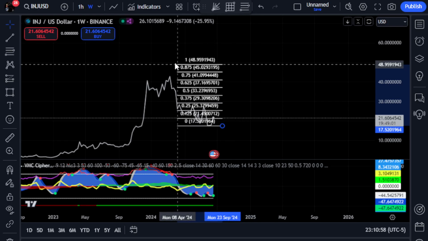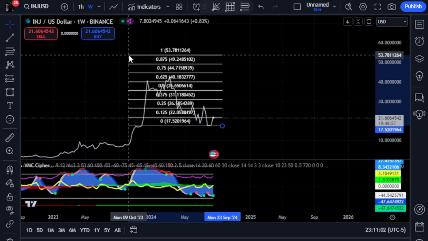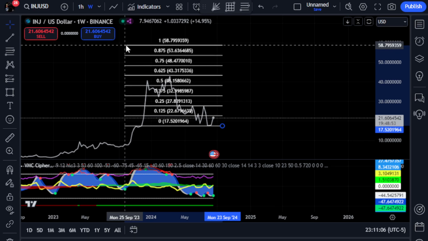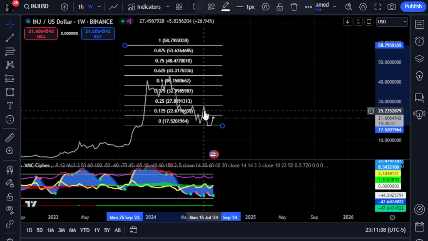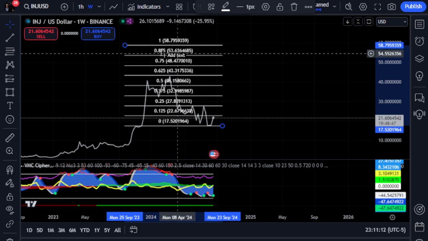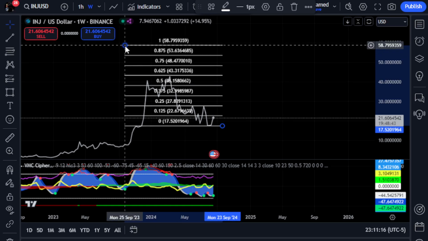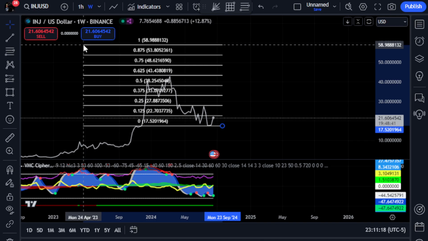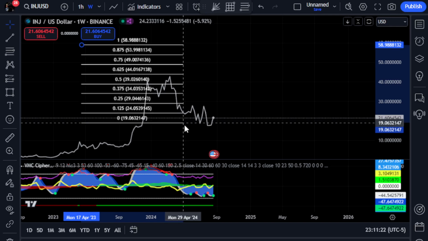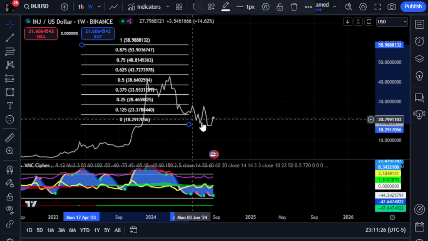So let's take these highs right here. This would be about the middle of the range. We can see how these levels line up quite nicely, and they are really just a repeat of this initial range.